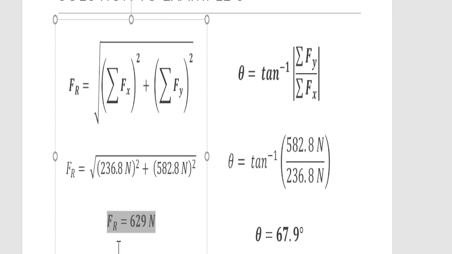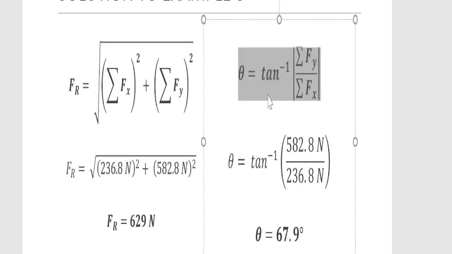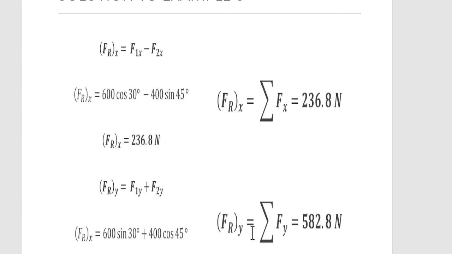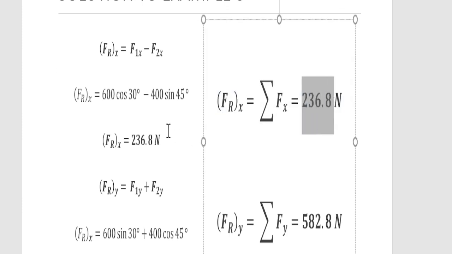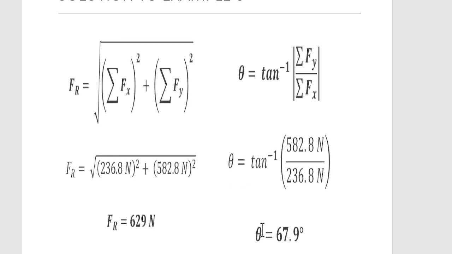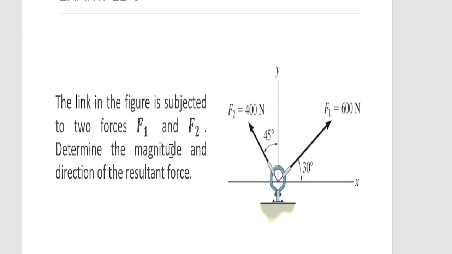Once you get the resultant force, we can use this formula, theta equals tan inverse of the summation Fy, the y components, by the x components. Just substitute the values you got from here, 582 divided by 236.8. So you will get theta also, 67.9 degrees. That should be the answer for the direction.